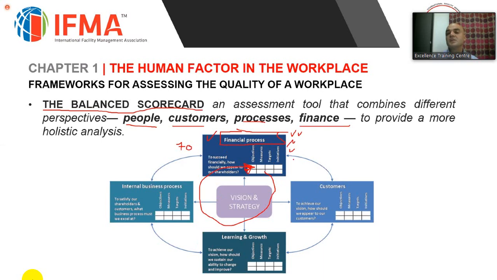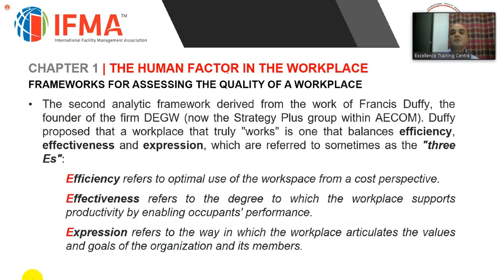Not only the financial side, we want to see how this manager is really improving the value added for the customers, the learning and growth of his own team, how he or she is developing their team, and the processes, the way the business is done. What is he or she doing to improve the efficiency of the processes that they are handling? So this is what we call a balanced scorecard.